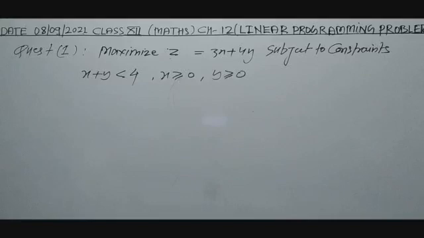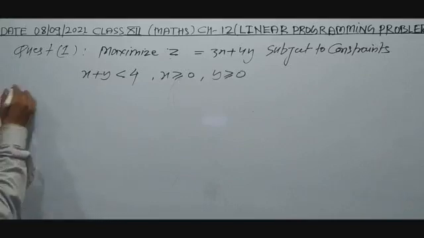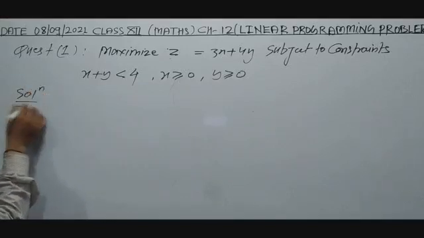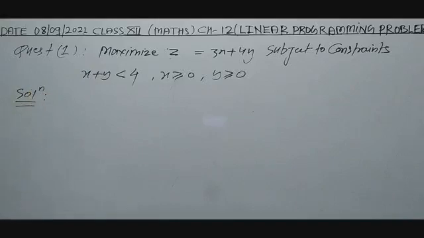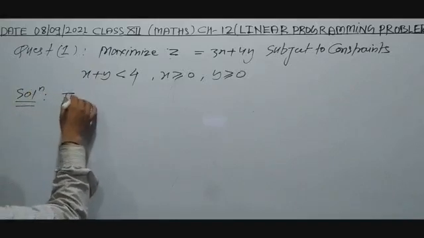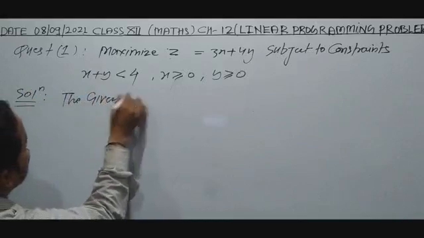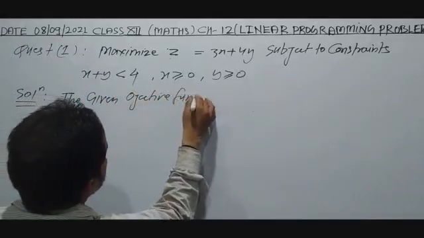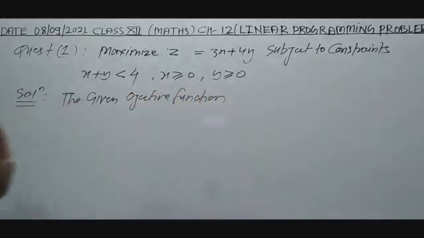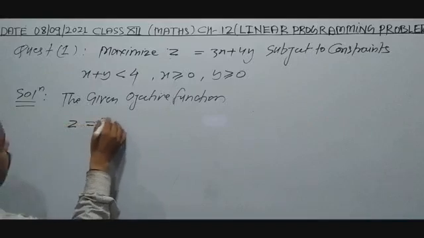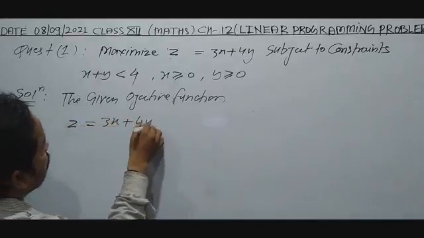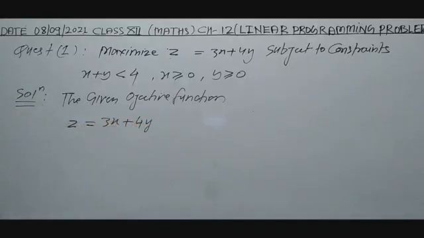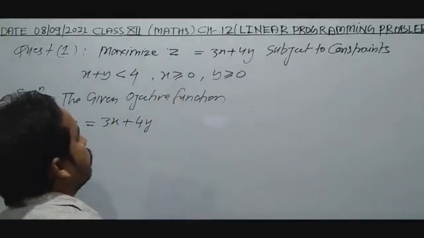So let us start. Solution. The given objective function is z equals 3x plus 4y, and x is greater than or equal to 0.